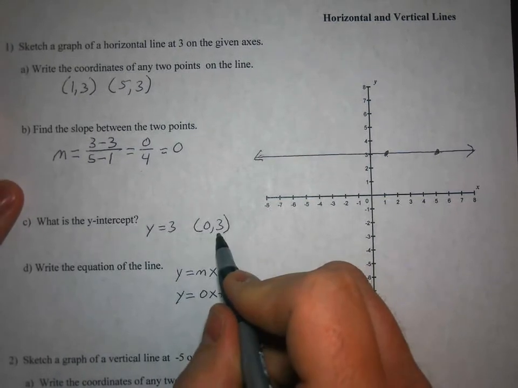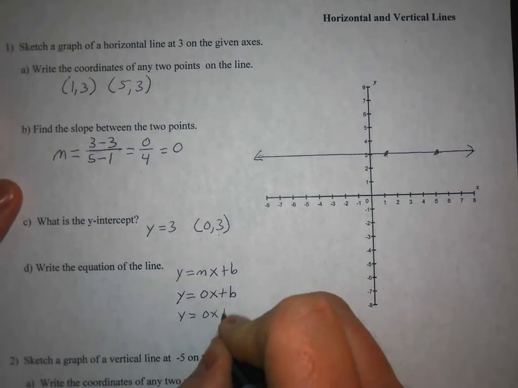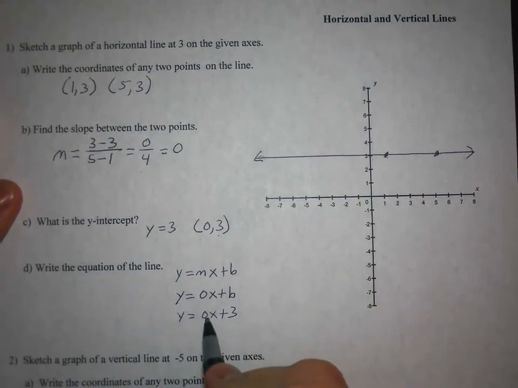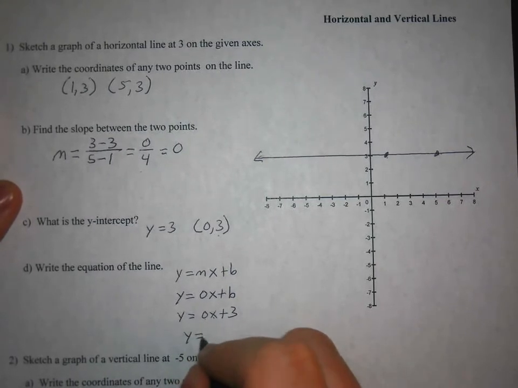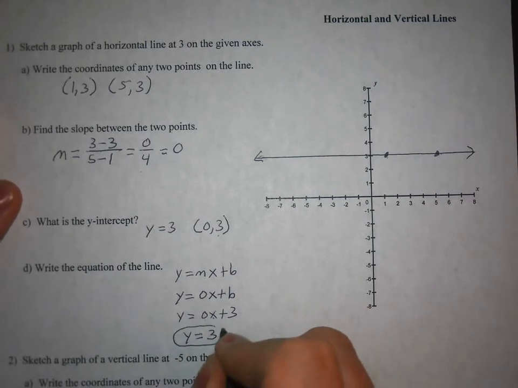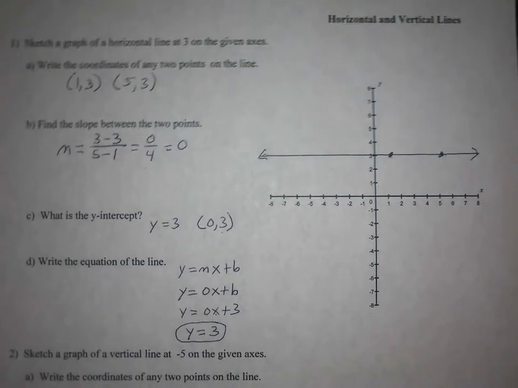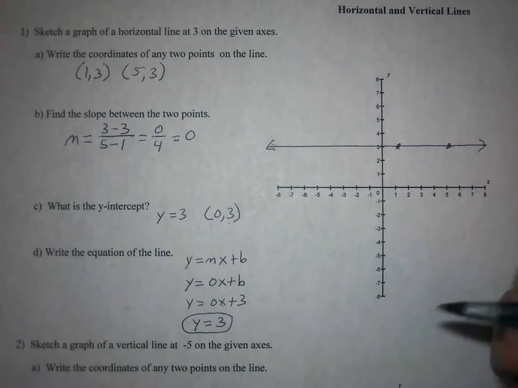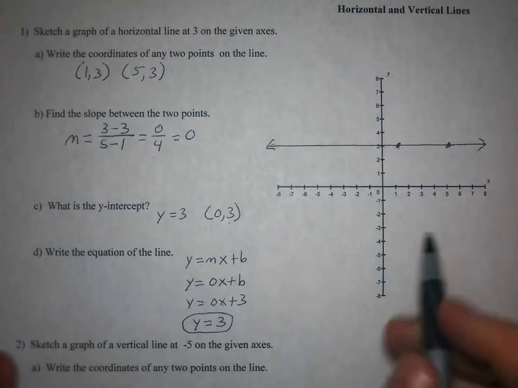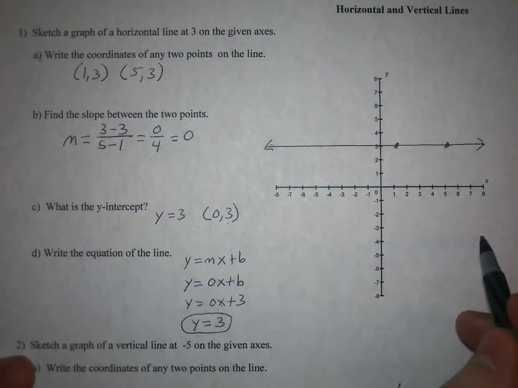Well, we know that b is 3, don't we? So y equals 0x plus 3. And 0 times anything is 0. So we end up with y equals 3. So it turns out that that's the equation of your line. So a horizontal line is always going to be y equals a number. If we chose to put the line down at -4, then it would just be y equals -4.